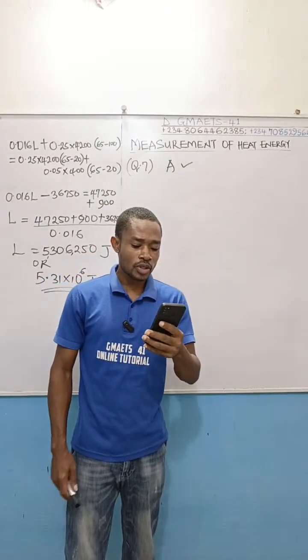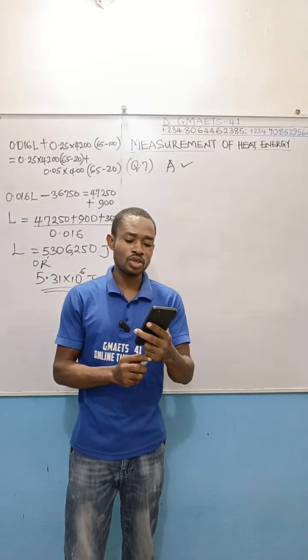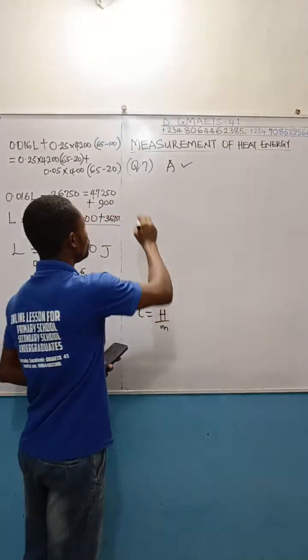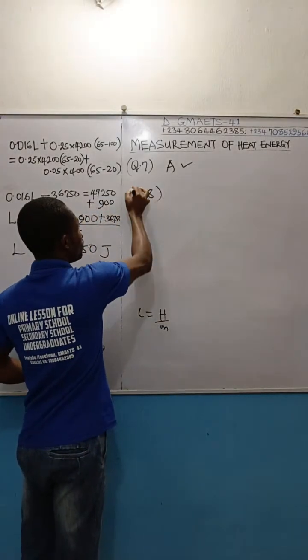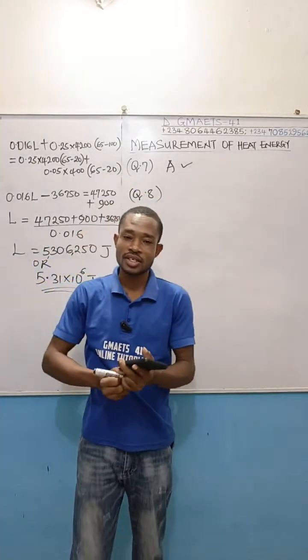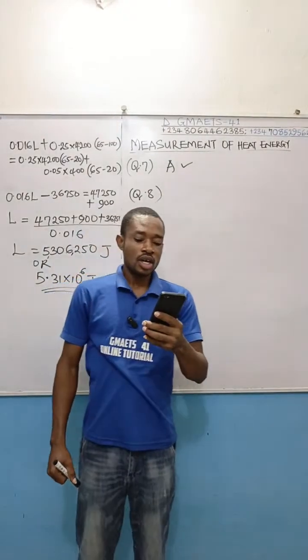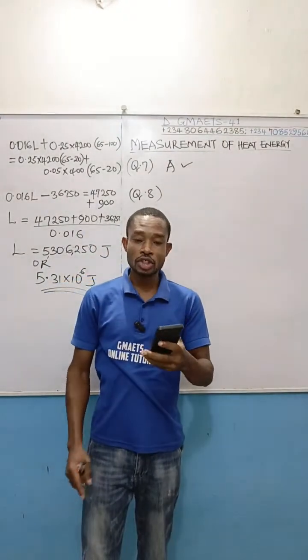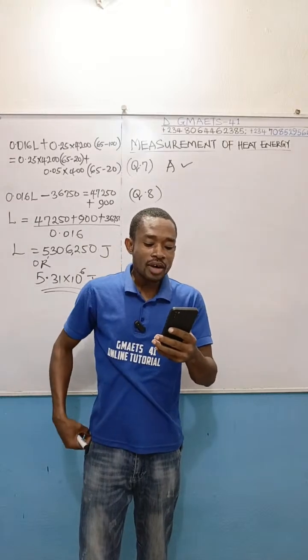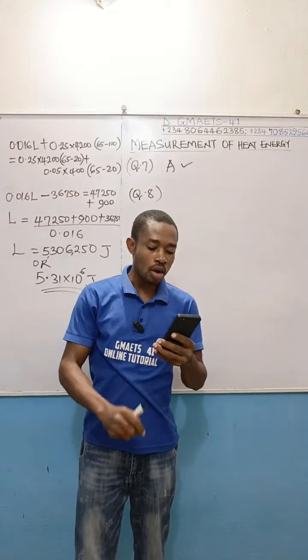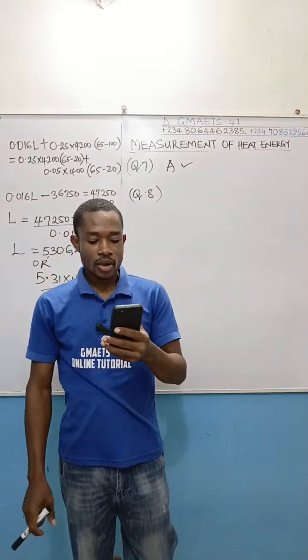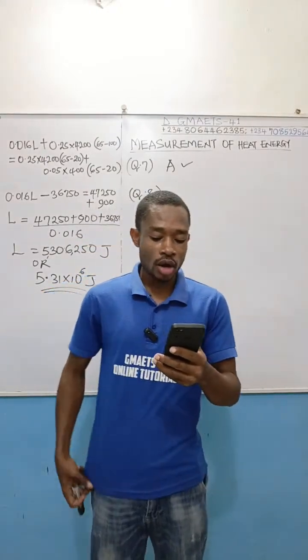Which of the following processes could be described using the latent heat of fusion? Option A, melting ice to form liquid water.